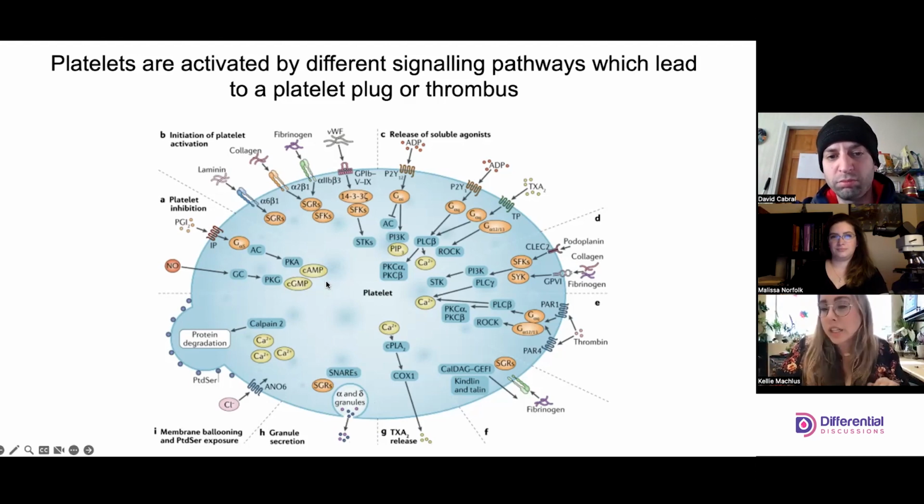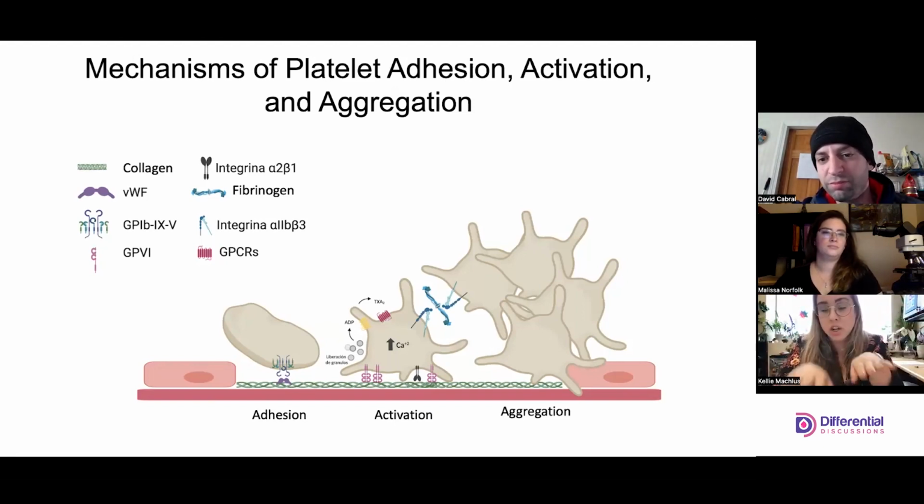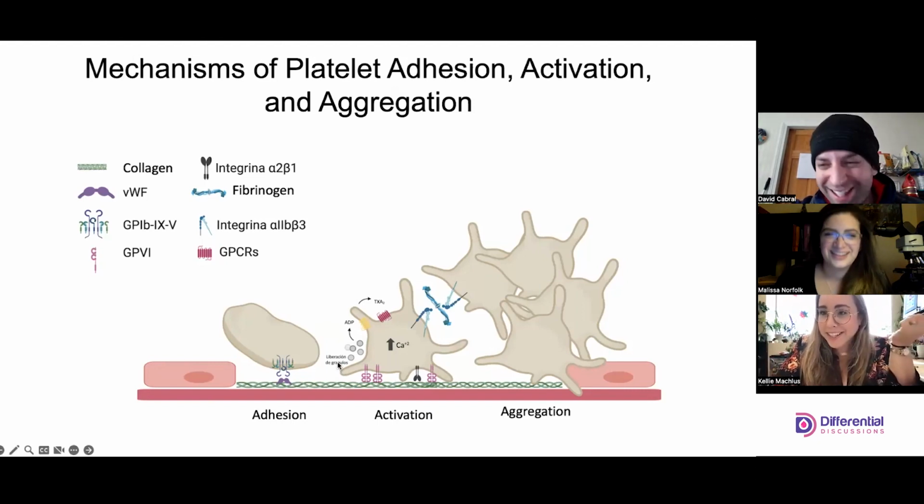And now we're basically getting a plug at the wound. And we're going to get the platelets to aggregate. And that's basically what's seen here. So the first thing is the adhesion, which is that receptor binding to collagen. And we just need now a layer of platelets to plug that wound. Oh, you can see that I literally stole this from my postdoc who speaks Spanish. My gosh.